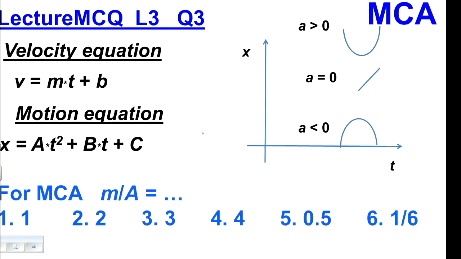In this situation, when motion equation is quadratic, velocity equation is linear, these coefficients, capital A and B, must be related. Well, by now you should make your mind. I want to switch.